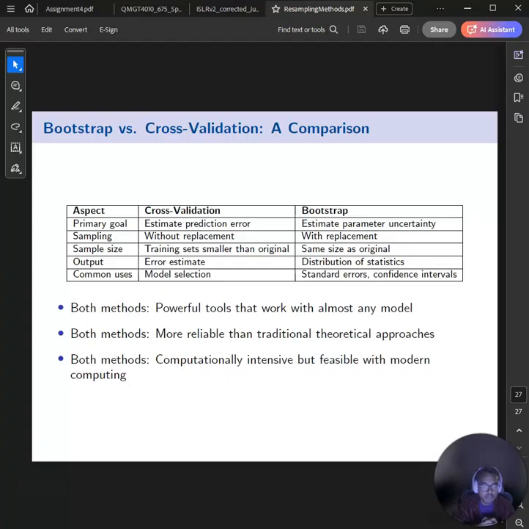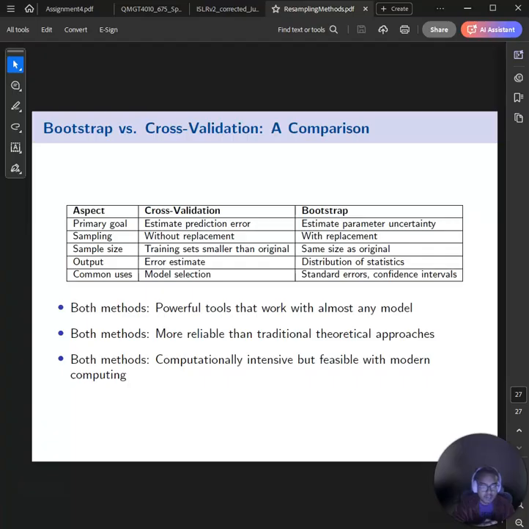When we create our folds, each observation goes into exactly one fold. Bootstrap, in contrast, samples with replacement, allowing the same observation to appear multiple times. In cross-validation, our training sets are smaller than the original data set because we have set aside some data for validation. In bootstrap, each sample is the same size as our original data set.